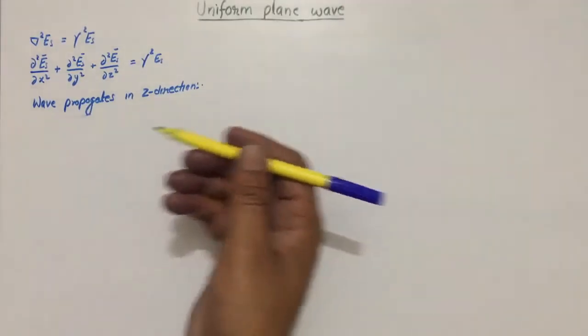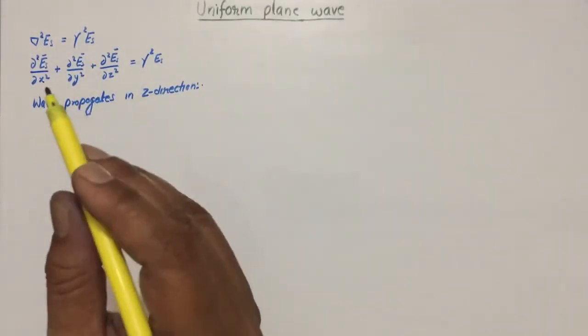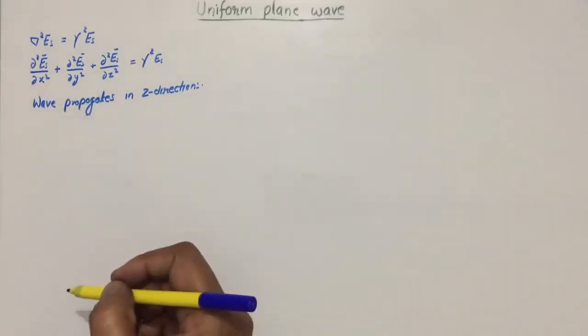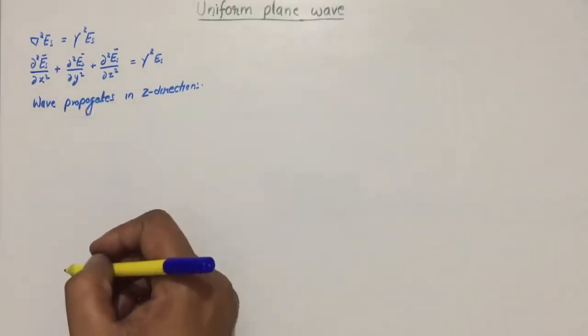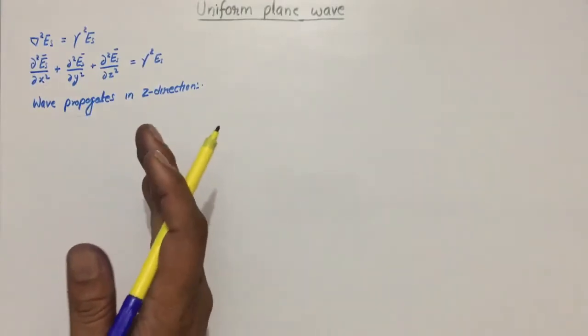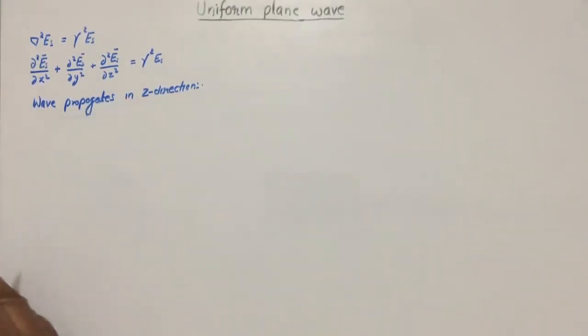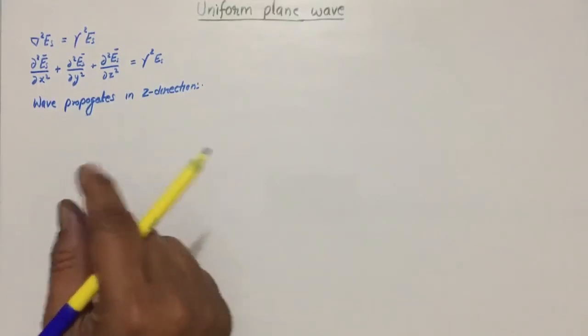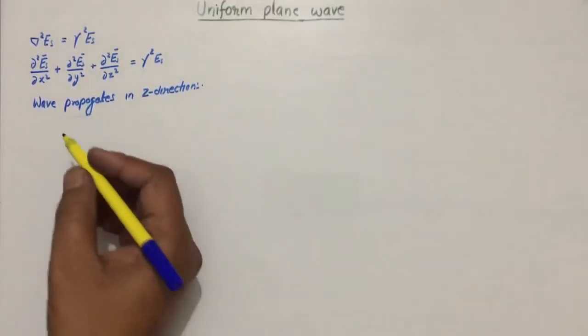So if the wave is propagating in this direction, then in the perpendicular plane one direction is either E and the other is B, or this will be B and this will be E. So the plane perpendicular to the propagation direction is occupied by E in one direction and B in the other.